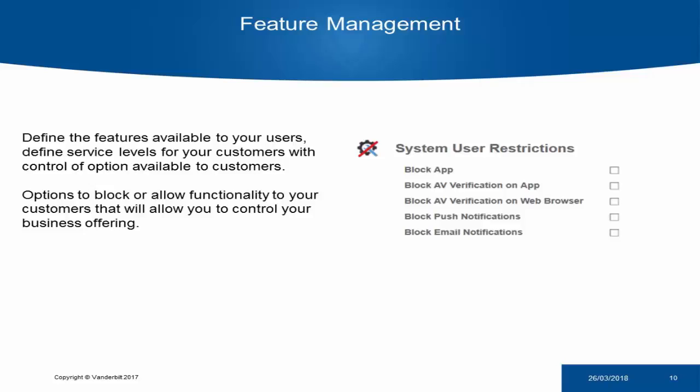You can block access to the mobile app completely, or block AV on the app, and block push or email notifications also. It is important to remember that if your panel is part of a company, when verification becomes active, it will be available to your customers. If you wish to block this, you must select Block AV on mobile app. When you do this, the users will not be able to see any verification on their mobile app.